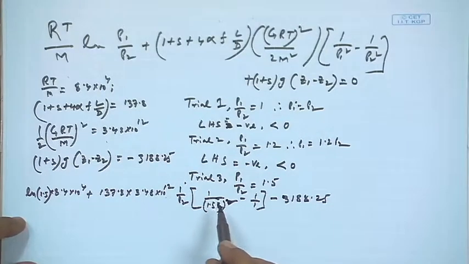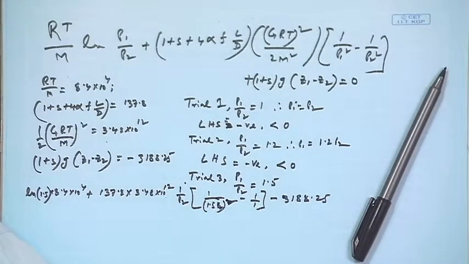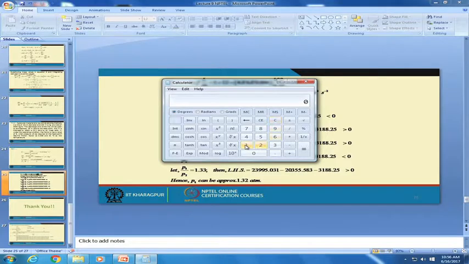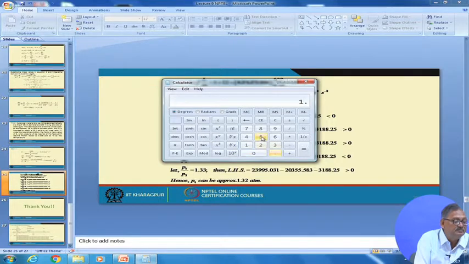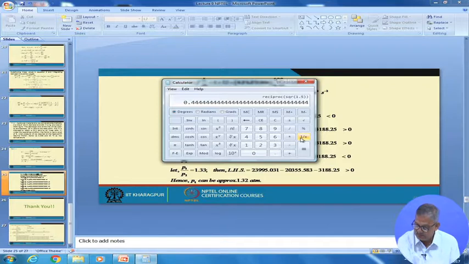So if we make this solution and see what the value is, we get 1.5 square inverse, 1 by 1 square.